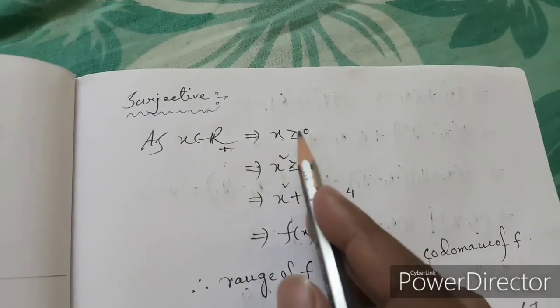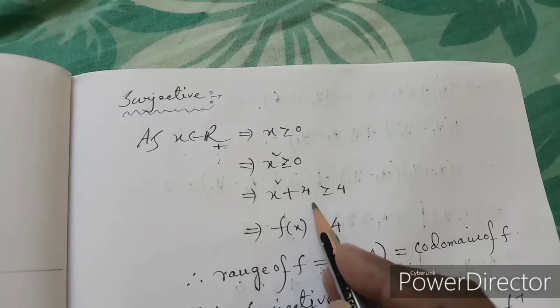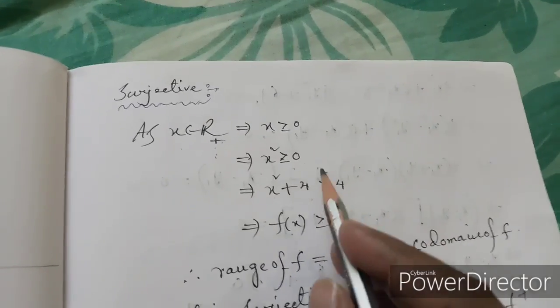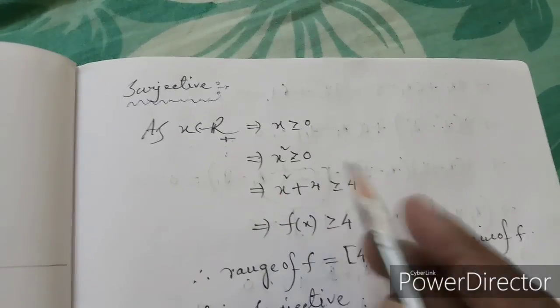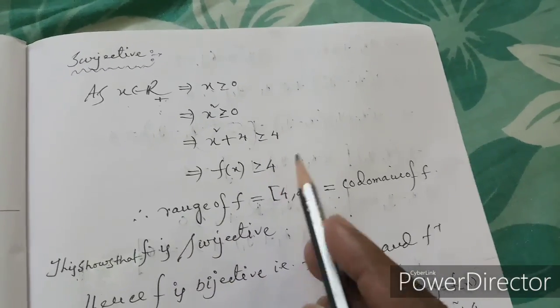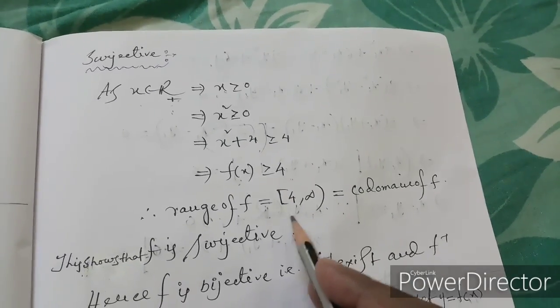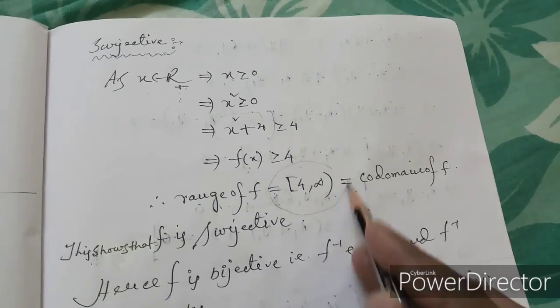So x squared is greater than or equal to 0, so x squared + 4 is greater than or equal to 4. And x squared + 4 equals f(x), so f(x) is greater than or equal to 4. That means the range of f equals the semi-closed interval [4, infinity).